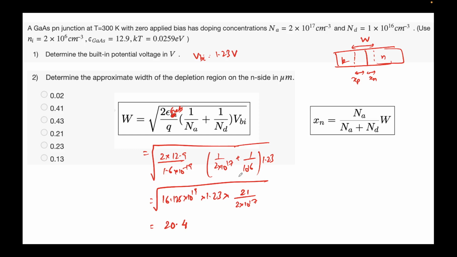Just let me find out the square root. 1 2 3 times 21 by 2. So it turns out to be 14.43 into 10. I'm getting a micrometer, but I think there's a mistake.